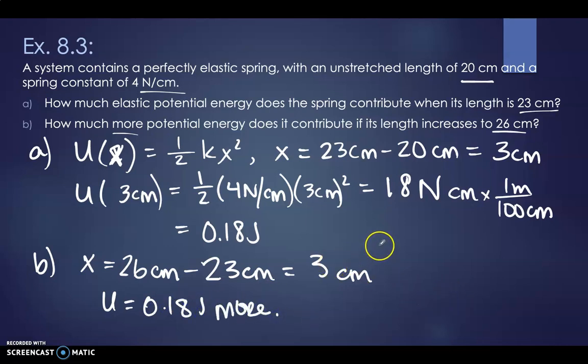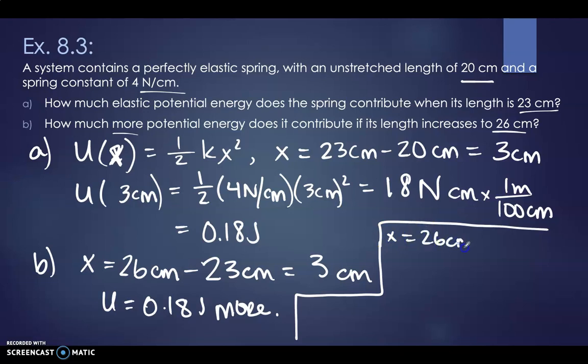Let me double check that. It's always good to double check your work. Let me go through the process. If this was 26 centimeters minus our true initial, which was 20 centimeters, our displacement would be 6 centimeters.